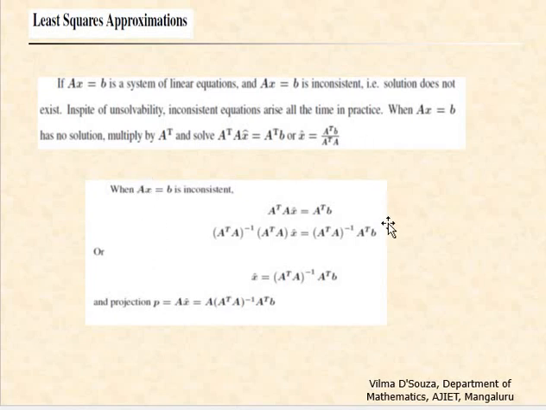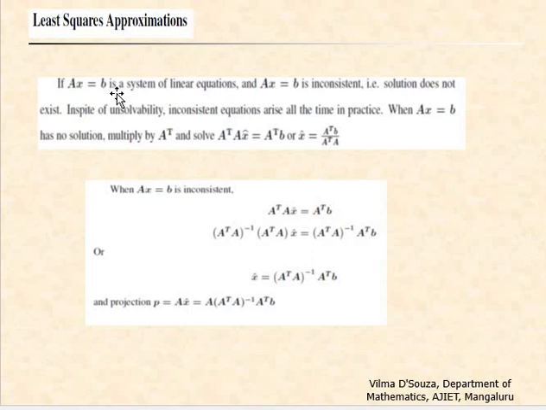Now you have another small method, very simple. Suppose you have a system of equations Ax equal to B and Ax equal to B is inconsistent. What do you mean by inconsistent system of equations? The solution does not exist. You studied in the previous semester the consistency of a system of equations, right?